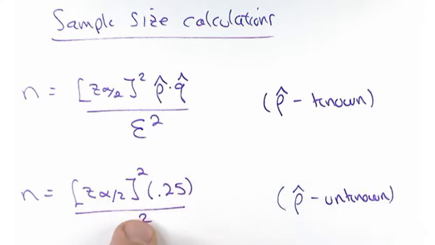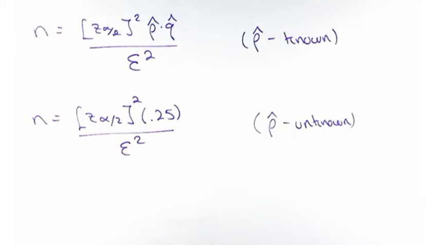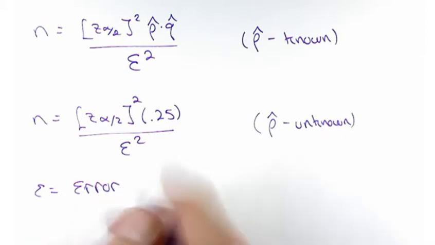That should be squared as well. So let's practice this with problem number 34. Let me remark here, E is the error, and z sub alpha over 2 is just as it was earlier. That is the point in your standard normal curve with alpha over 2 of the area in the right tail.